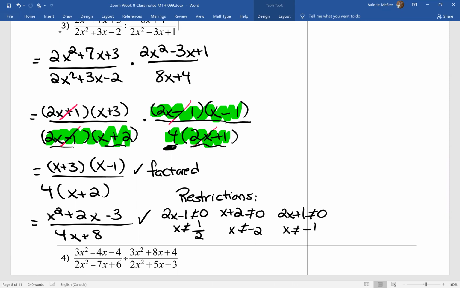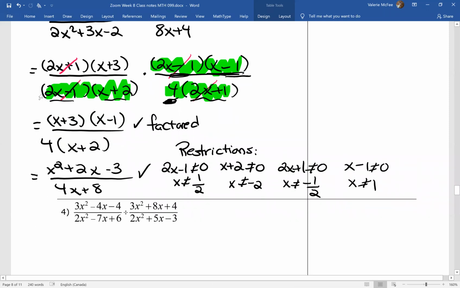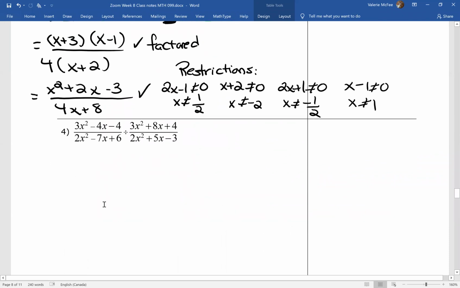X cannot equal negative 1/2. We've already used 2x minus 1, but we also have this x minus 1. You should have 4 restrictions for this question. And one more. If you haven't already done so, pause your video, give this one a try.